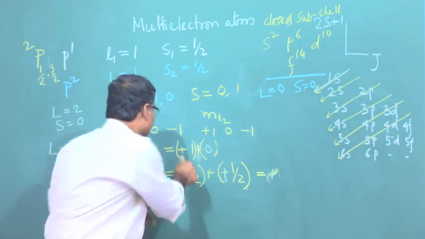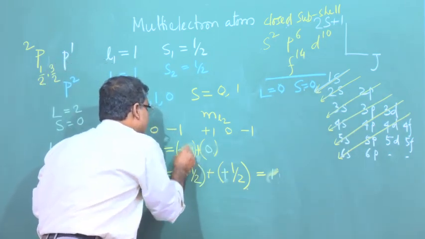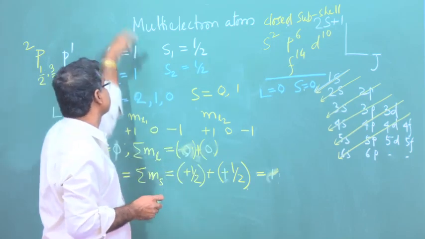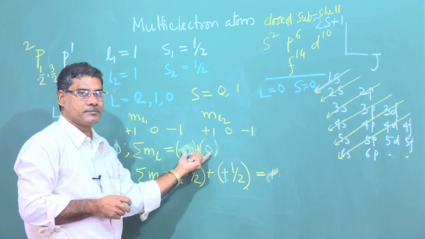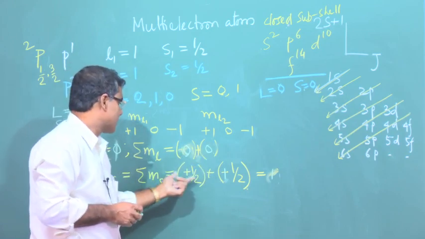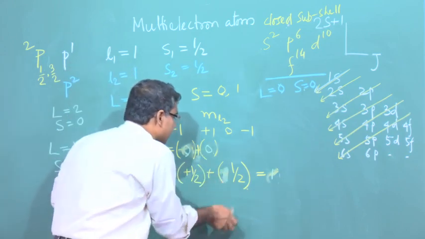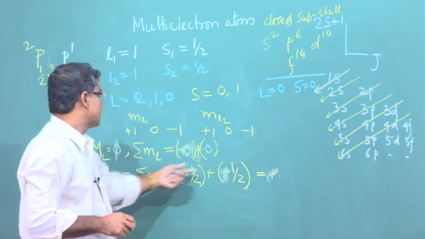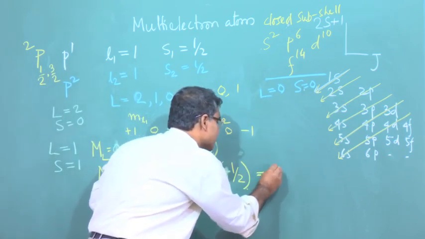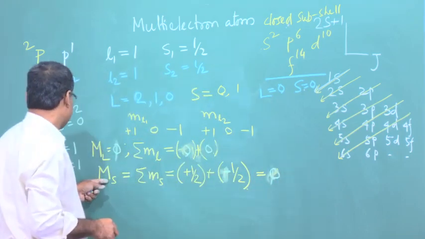Yes, if both are 0, Ml1 is 0 and Ml2 is 0. So, both Ml are same. So, MS1 and MS2 have to be different. So, in this case total MS is 0.